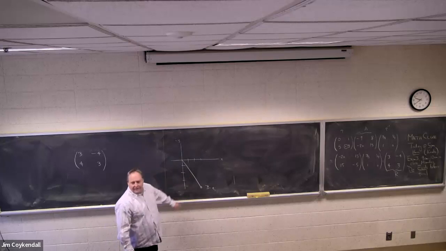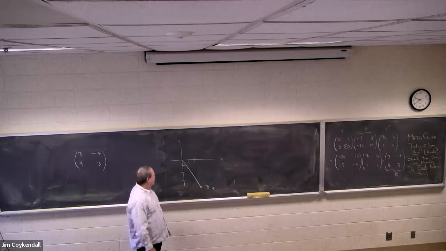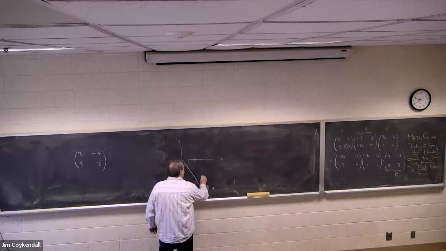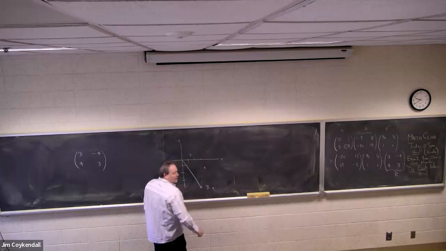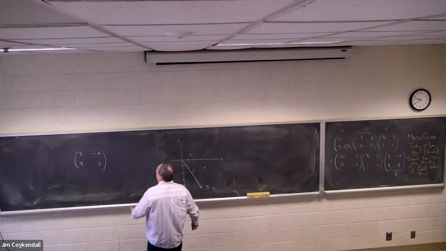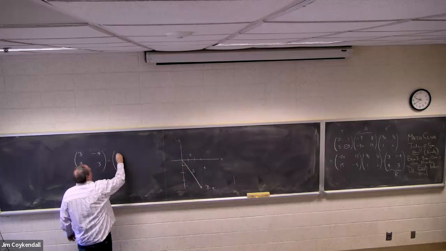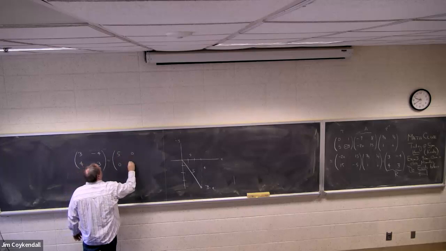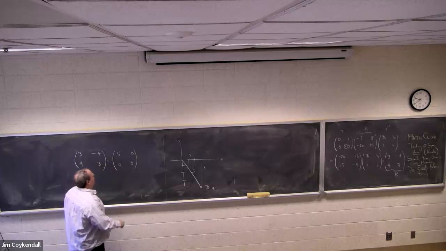Tell me what's the length of that? This is a 3, 4, 5 triangle. So my scaling should be a 5. Pulling this out is essentially pulling out a factor of 5.